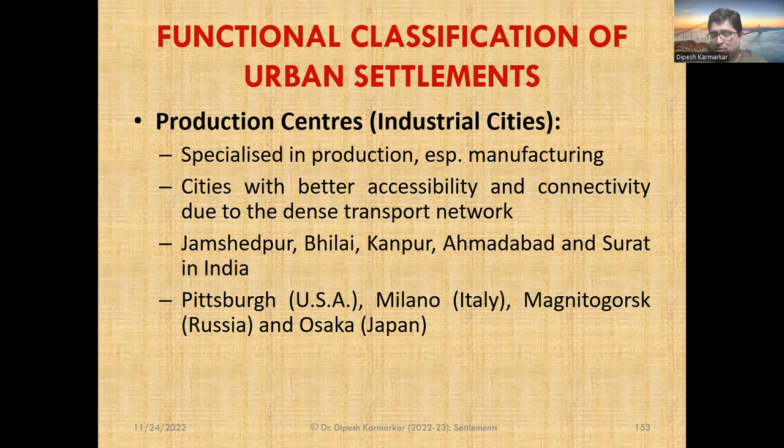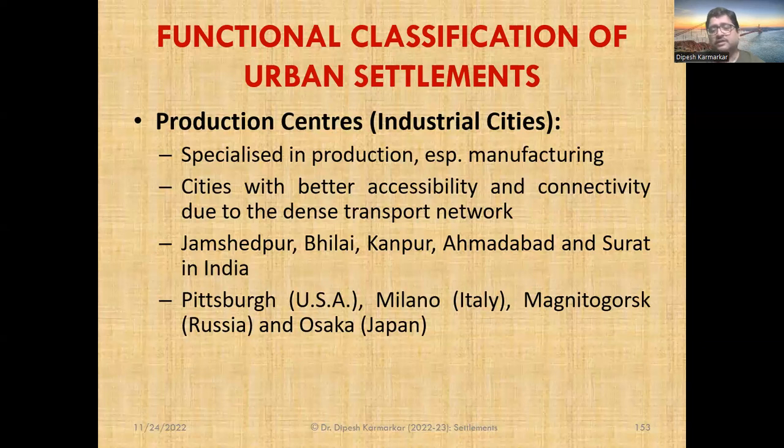And one of the most important features is the very well developed transport network, because connectivity and accessibility are very significant for the development of a place as a production center or industrial city. At international level, we can give a number of examples. A few are mentioned in the slide, like Pittsburgh or Milano, Osaka.